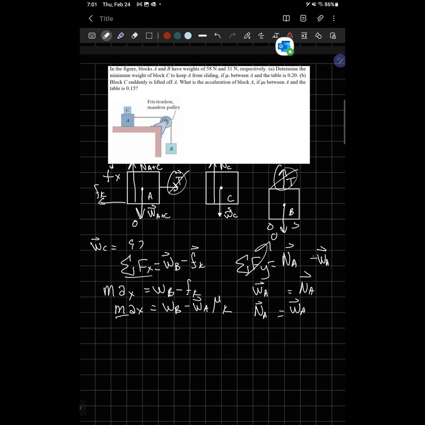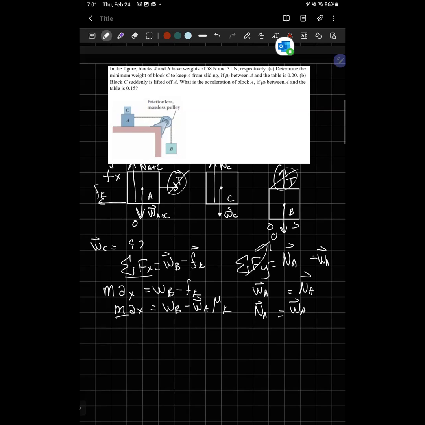For M, what is M going to be? It's 58 divided by G, right? That's part of it.